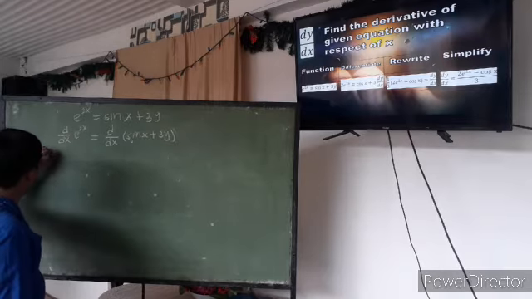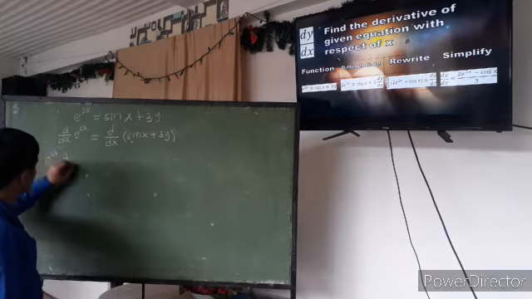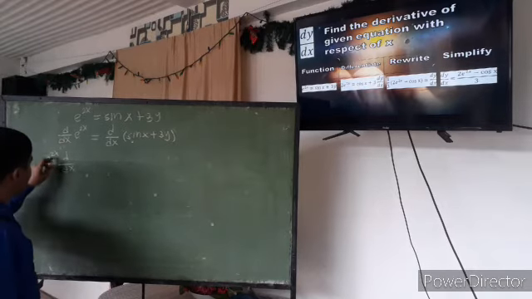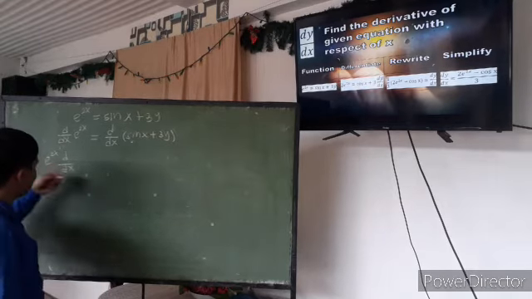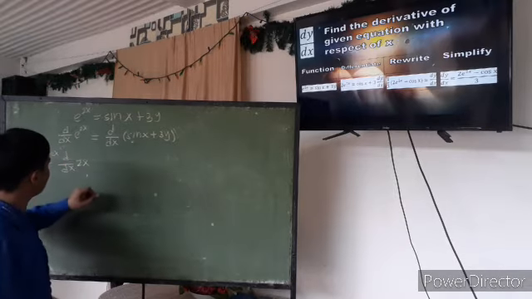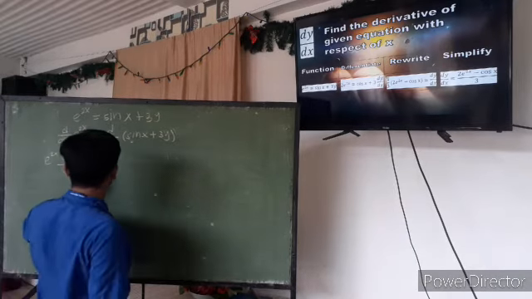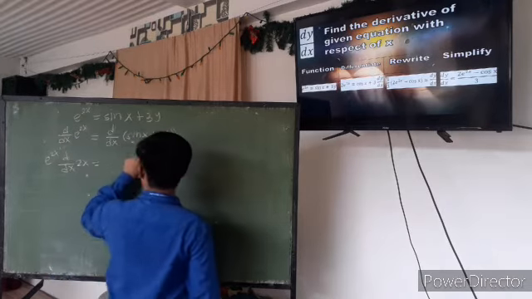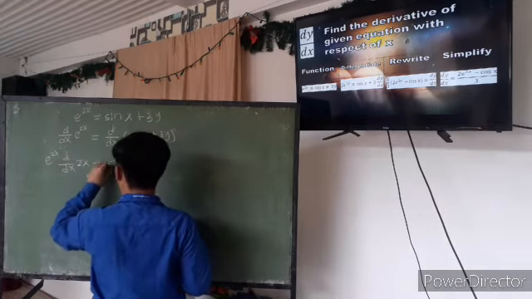Kung compare natin yung e raised to x, tapos ngayon, i-differentiate natin kung ano yung raised ng x, and ang raised niya is 2 of x. Then, i-differentiate. And, the differentiate of sine x is cosine.